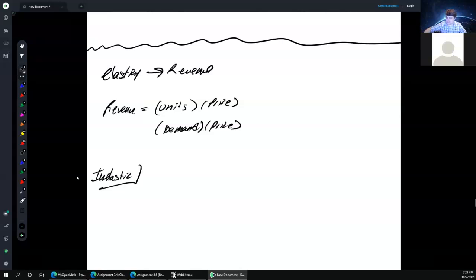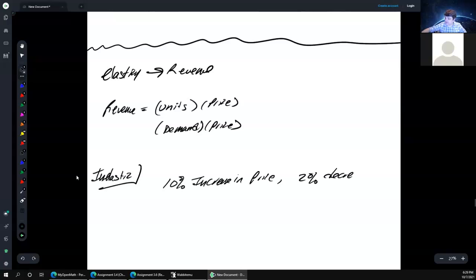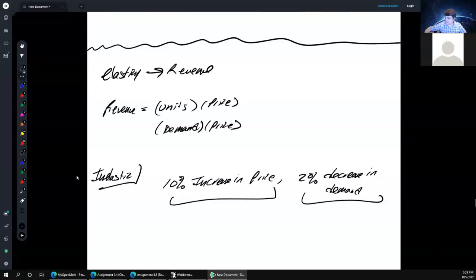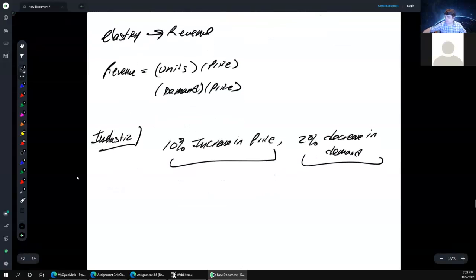So if we had an example where, let's say we were inelastic, and we had a 10% increase in price, but only a 2% decrease in demand, well, we increased the price more than we lost. So this is overall a net increase in revenue.